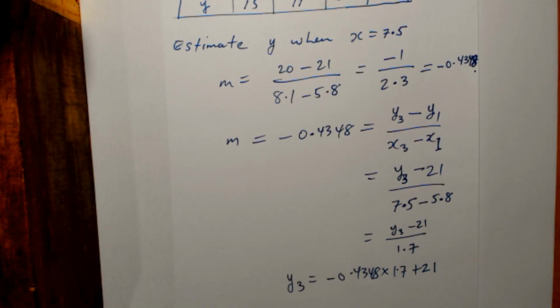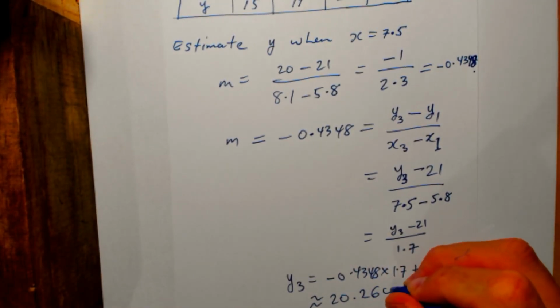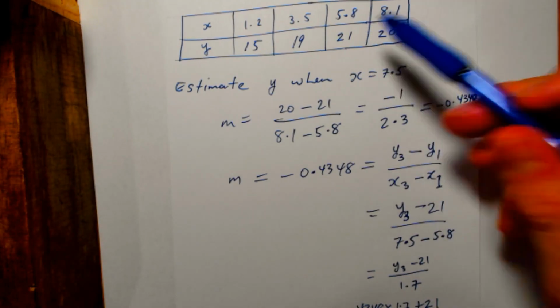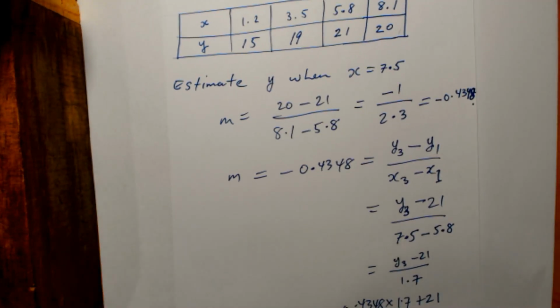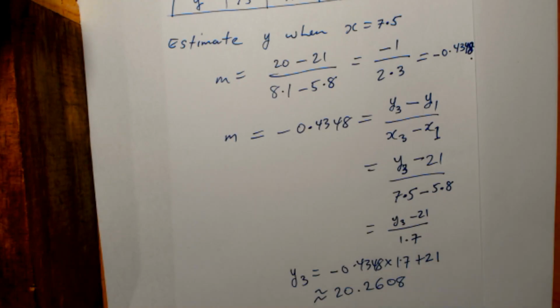Okay, and so simplifying this, 1.7 times brackets minus 0.4348 end bracket plus 21, I get 20.2608. Now I look at my data and see if that's reasonable. Yeah, it's between 20 and 21, so that looks reasonable. And so I'll be satisfied with that approximation there.